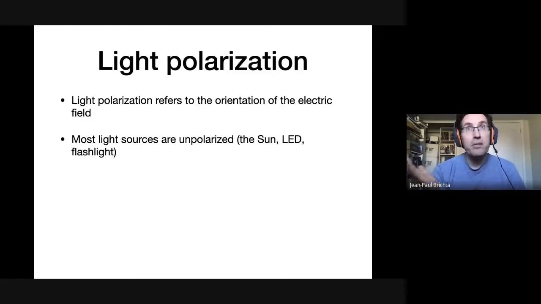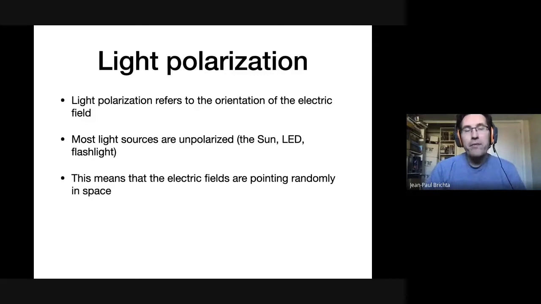So for example, the sun, most LEDs, most flashlights, unless they have some element built into them that polarizes the light, certainly the sun doesn't, of course. But what you get out of that is unpolarized light, which means that the electric fields from those sources are pointed randomly.